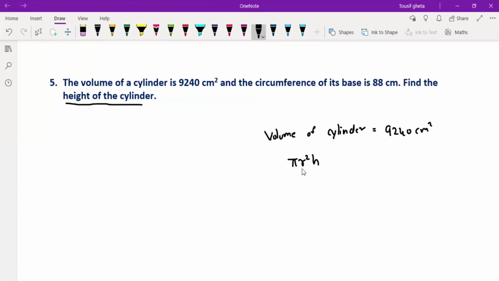They did not mention the radius, so we need to find the radius first of all, to proceed with the calculation. One more thing is given in your question, that is the circumference of its base.